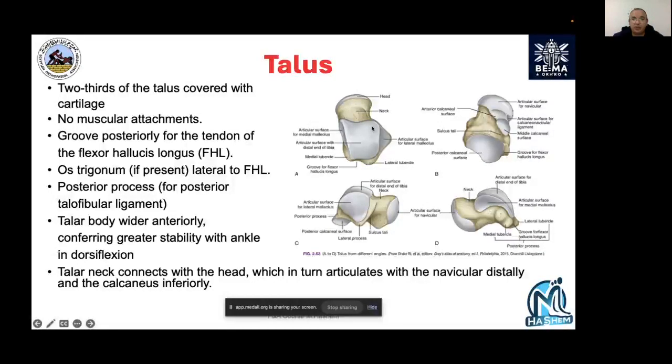That's why when you put your ankle in dorsiflexion, you tension the ligaments around the ankle, and the ankle is more stable. And remember that the talar neck connects the body to the head, and the talus has 3 facets to articulate with the calcaneum: posterior, middle, and anterior.